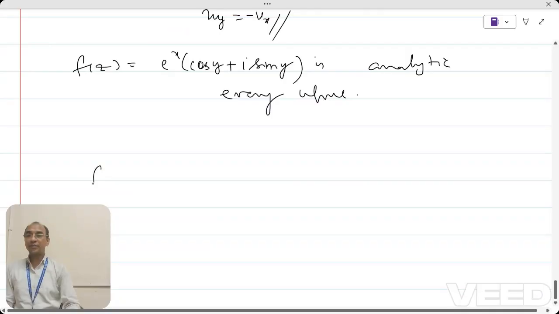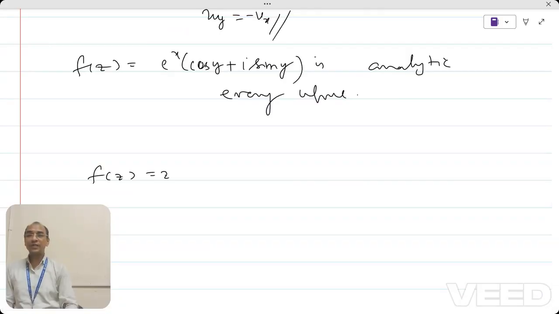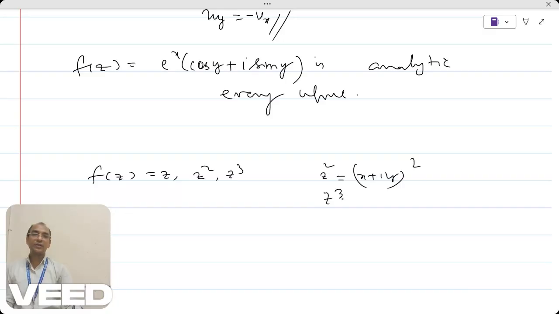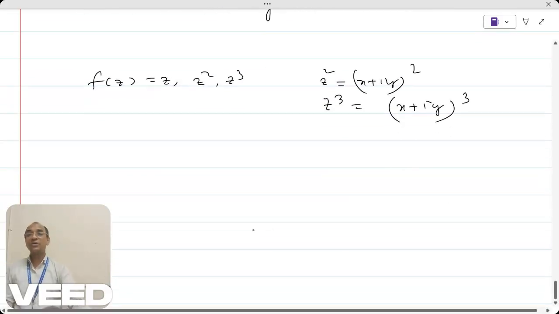Already I gave you examples f of z equal to z, z square and z cube. Up to that we can find the formula of z. z will be x plus iy, or z square will be x plus iy whole square, and z cube will be x plus iy to the power 3, and we can expand it and find the real and imaginary part. But what will happen?